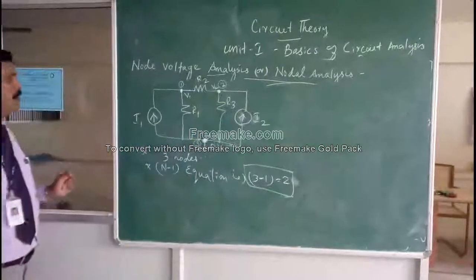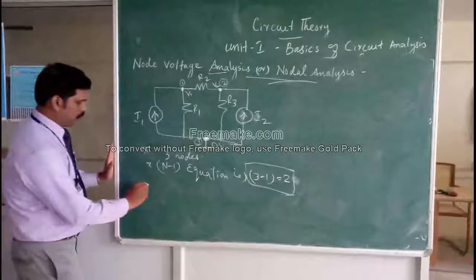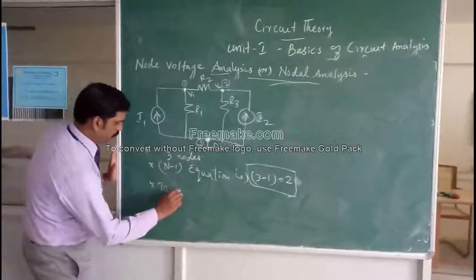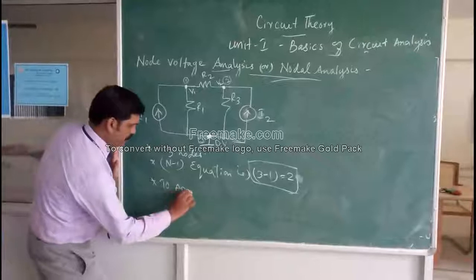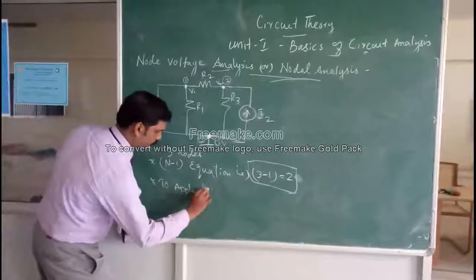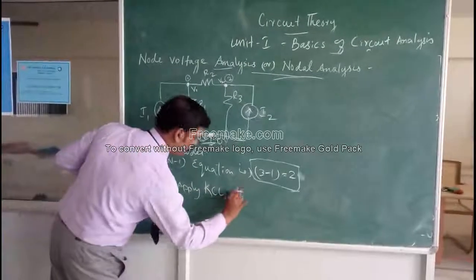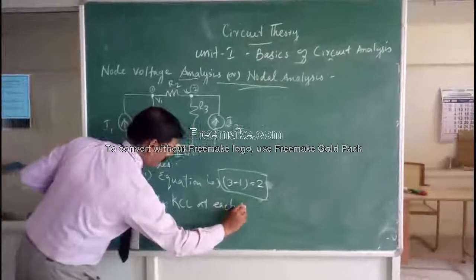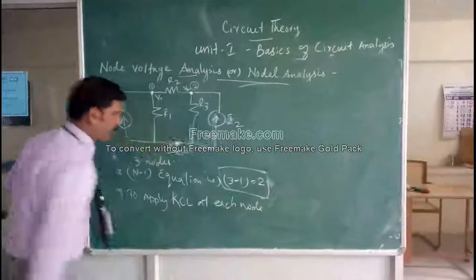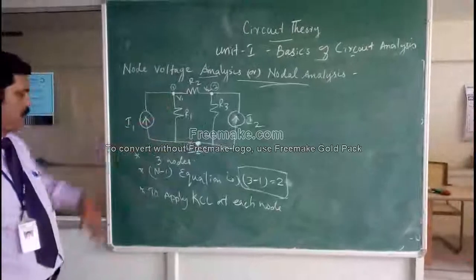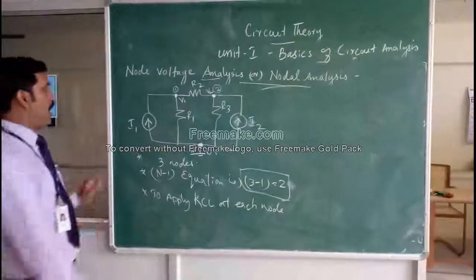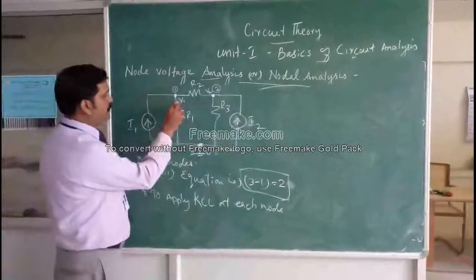The next step is to apply Kirchhoff's current law at each node. Before applying it at each node, I am going to mark the branch currents.